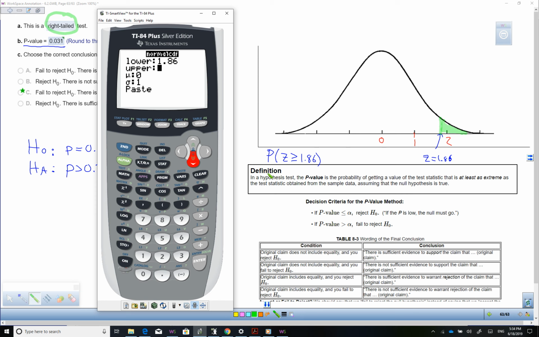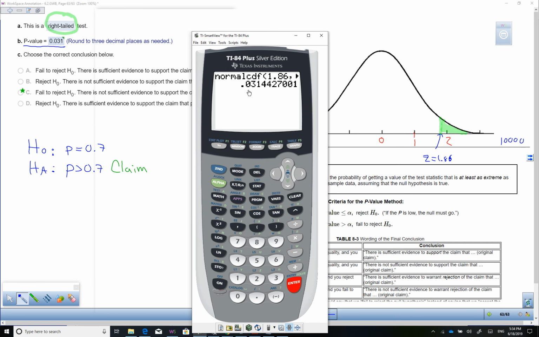My upper limit, I will choose any extreme positive value. In this case, it will be 10,000. I keep the mean and the standard deviation as 0 and 1, and I paste that information in the main screen, and that's what I get for the p-value, 0.031, rounding to 3 decimal places.